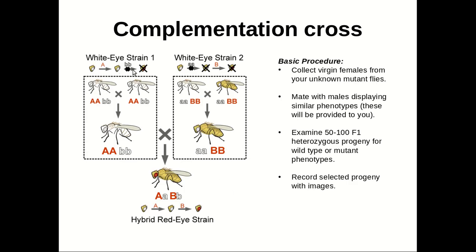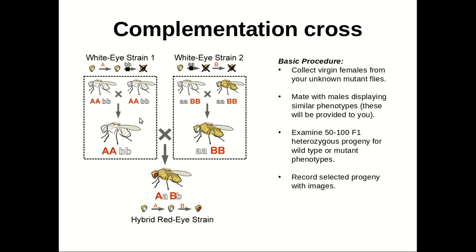All right, so white eye strain 1 and white eye strain 2. Now here they're trying to figure out, with a complementation, if you have a situation like this, so there's big A, little b, big B, little a, do they produce the exact same fly? Well, you're going to have to work it out. So here we go. If you look at this cross, you kind of get the idea.